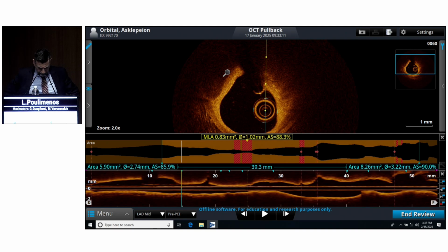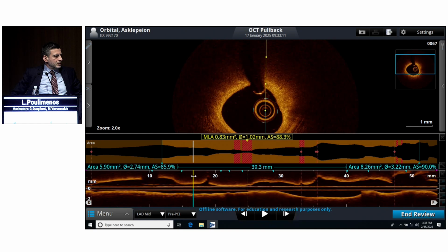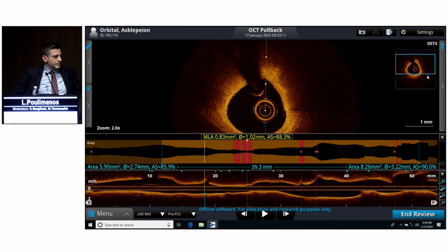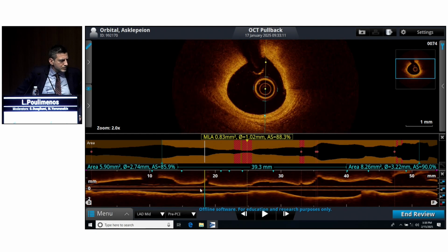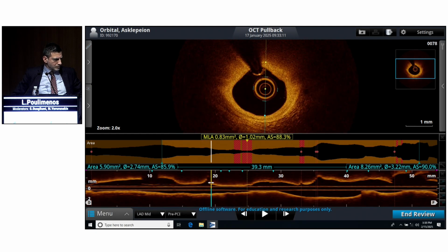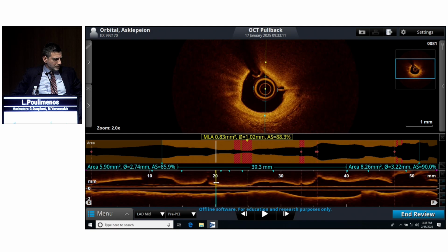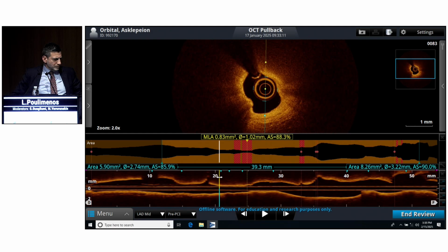It's very important to know if it is toward the lumen or deeply into the vessel, because we saw a lot of calcium apparently from the angio. Then we are moving quickly inside. Let's try to adjust the imaging a little bit to get the full lumen picture. Also in the two-dimensional view, I'm moving. Here you can see there is not too much calcium toward the lumen.